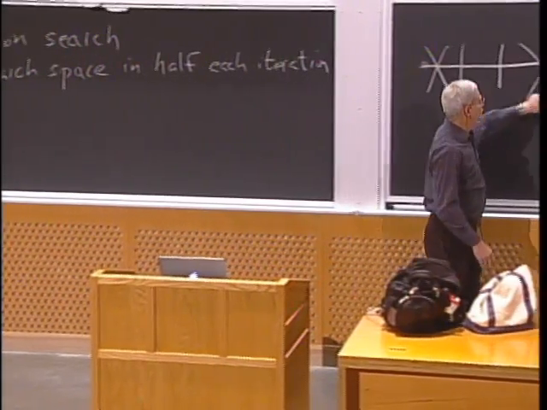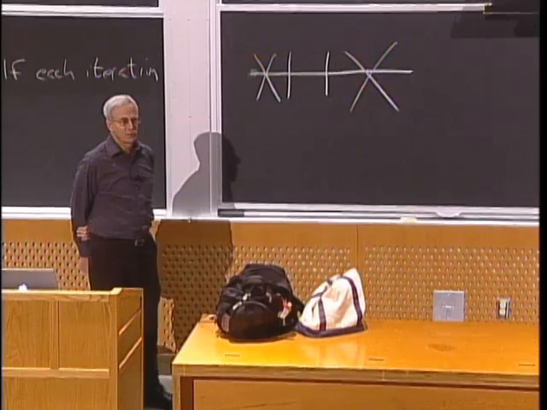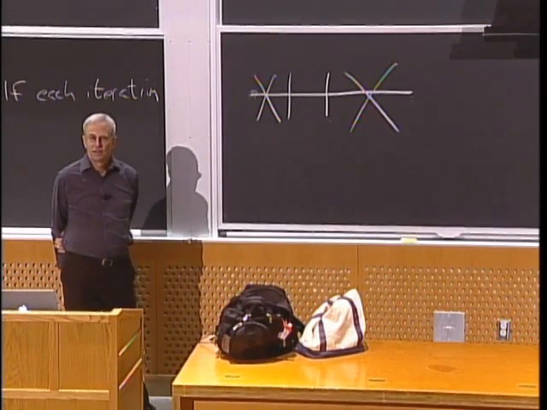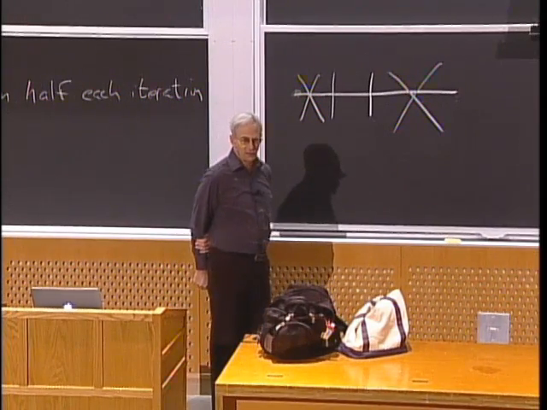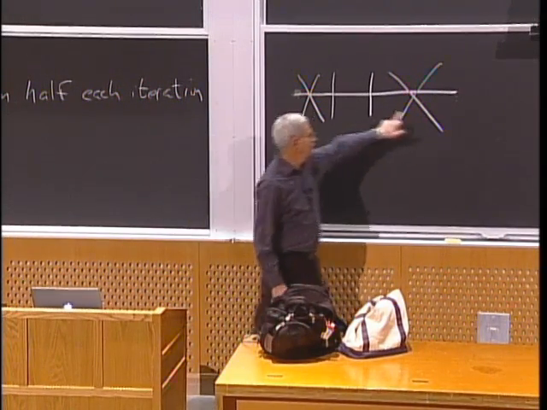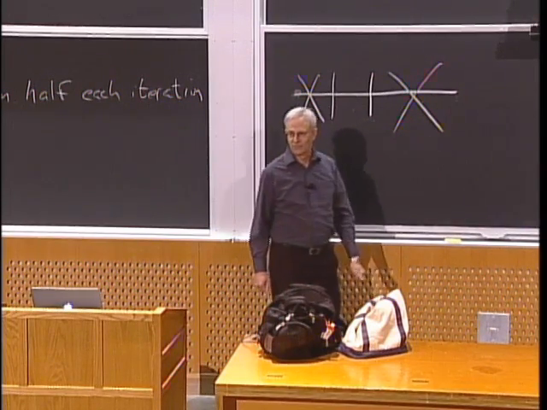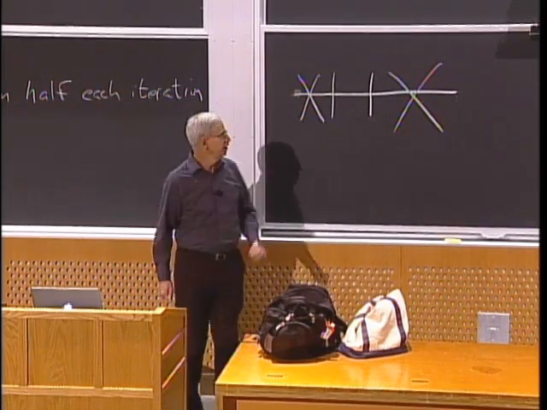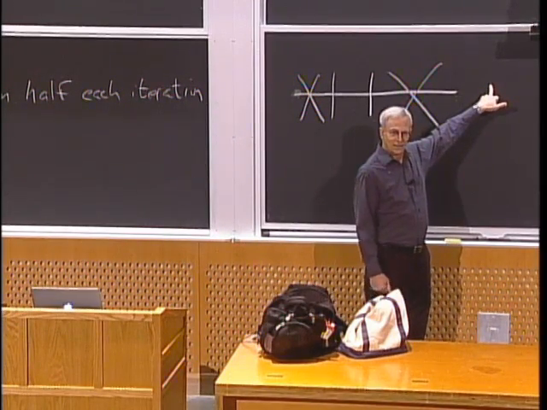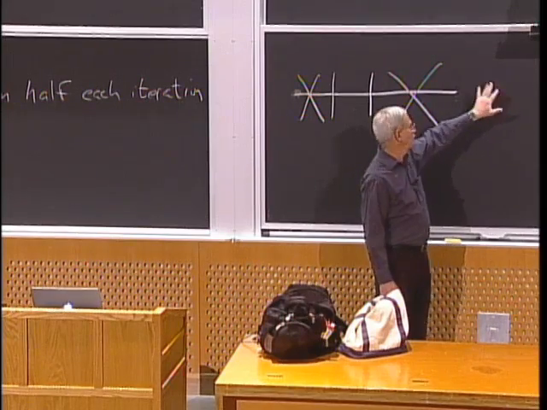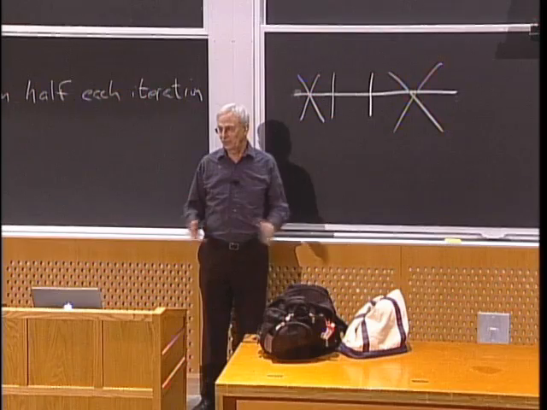When we use bisection search, or for that matter, any search method, we are depending upon the fact that the answer lies somewhere in the region we're searching. If indeed the answer is out here or out here, then it doesn't matter how carefully I search this region, I'm not going to find the answer.